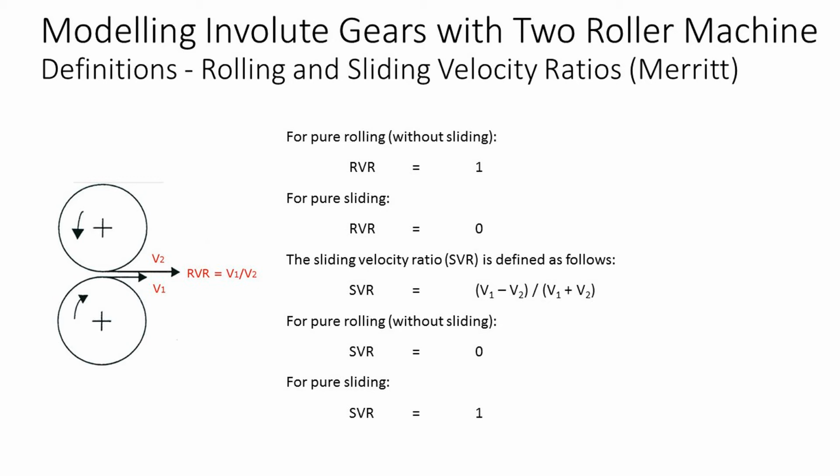For pure rolling without sliding, RVR equals 1, and for pure sliding, RVR equals 0. The sliding velocity ratio, SVR, is defined as shown. For pure rolling without sliding, SVR equals 0, and for pure sliding, SVR equals 1.